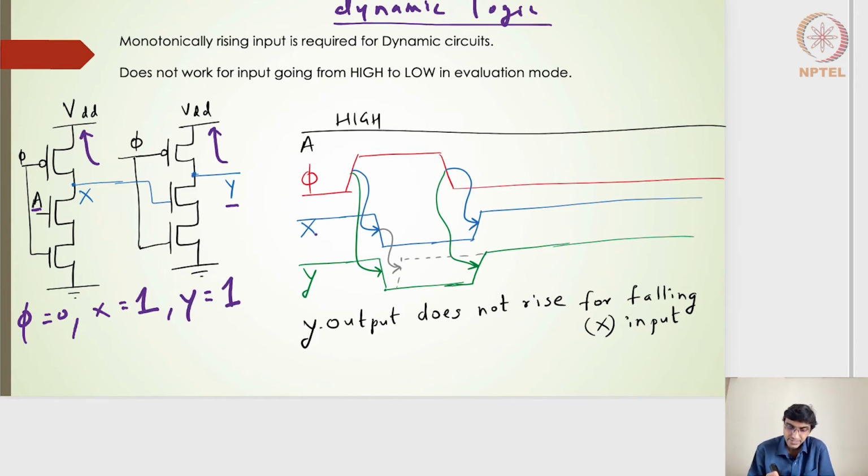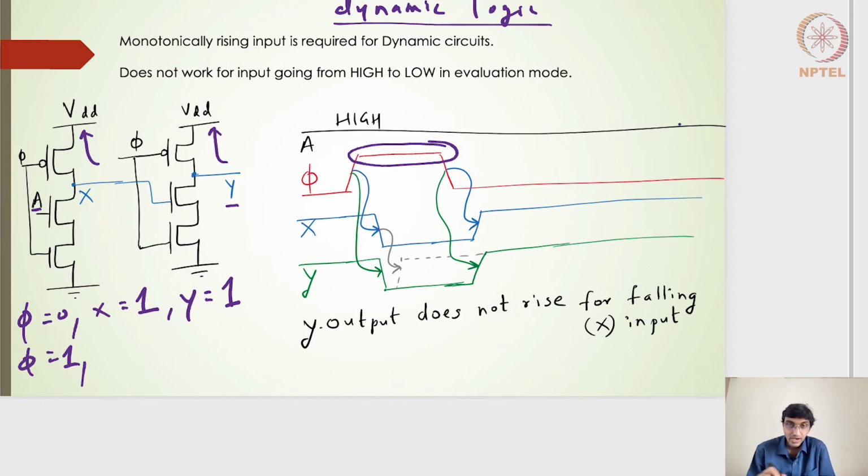So when phi is equal to 0, X is high and Y is high. Now let's say that when phi goes to 1, that is when, in this particular graph, phi is equal to 1, all right, this is where the evaluation happens, and this particular phase is called the evaluation phase.